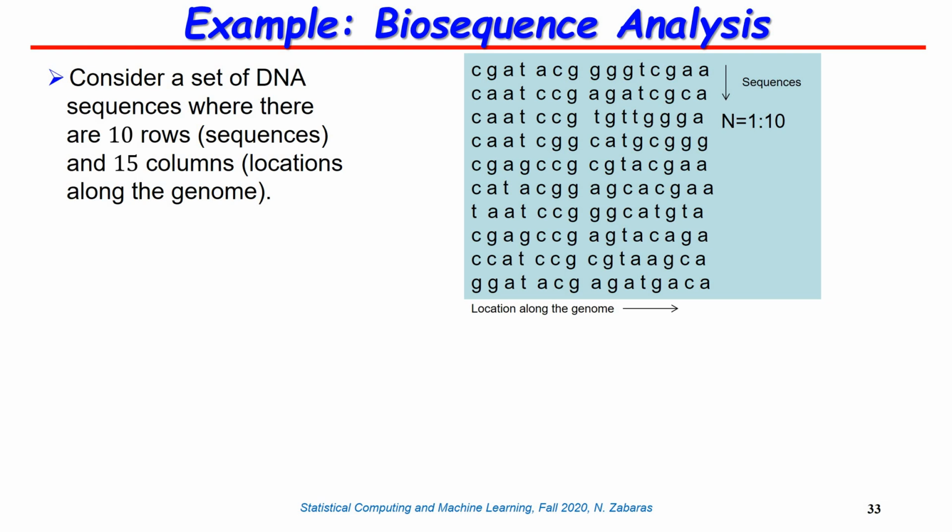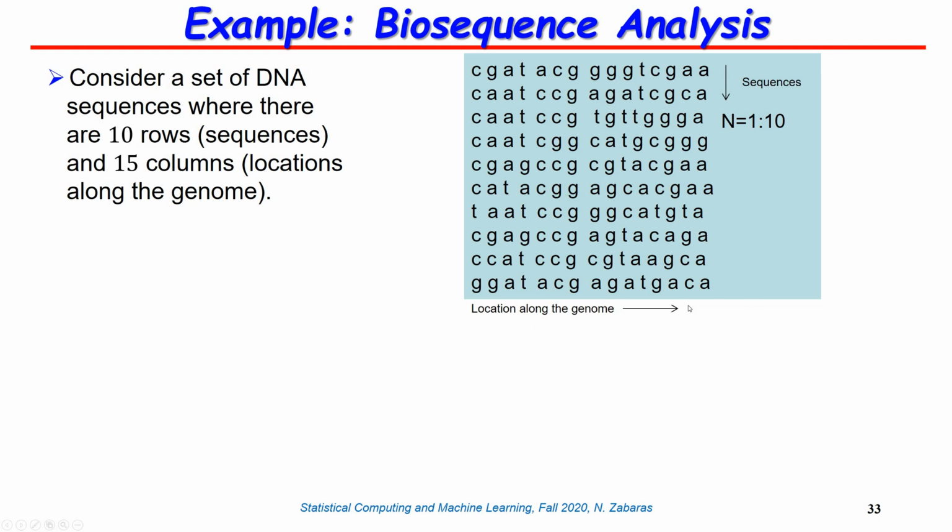All right, let me finish with one experiment that involves an application of this Multinoulli distribution to biosequence analysis. So what I have here is different sequences of the DNA, and you can see I have 10 sequences.